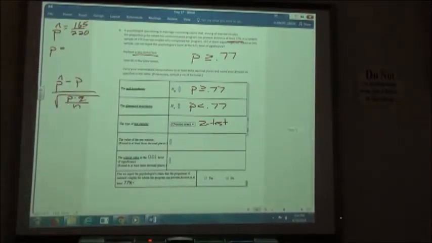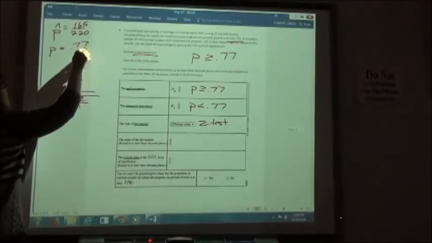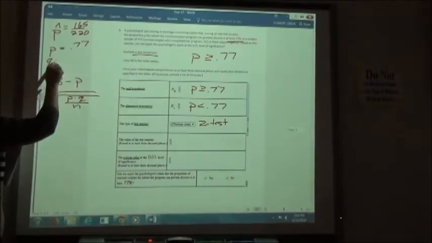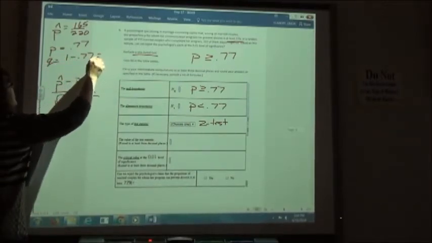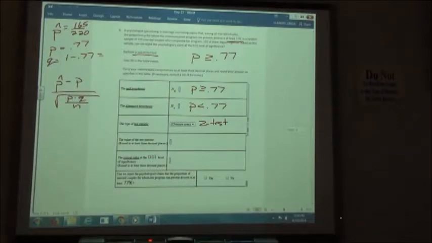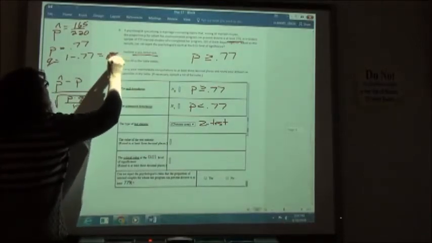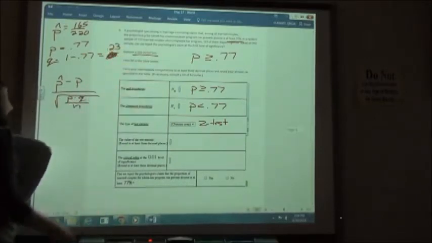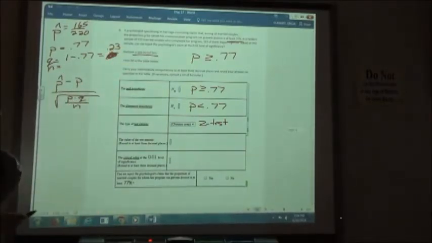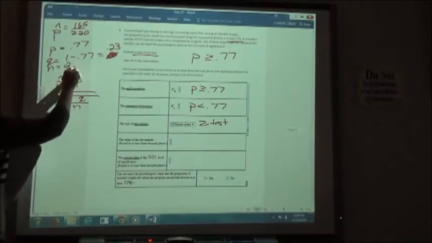P, the percent that we're comparing it to, is 0.77. So Q is going to be 1 minus 0.77, which is going to be 0.23. And N is going to be 220.